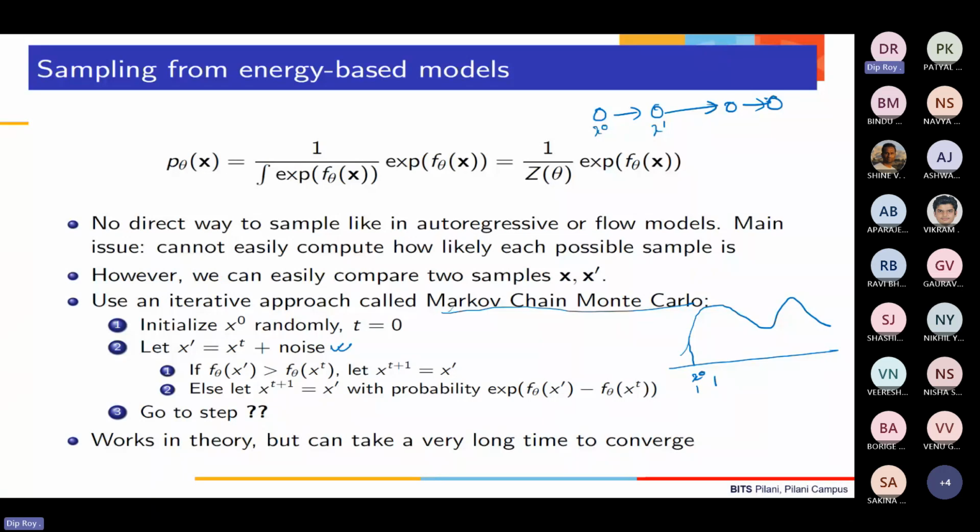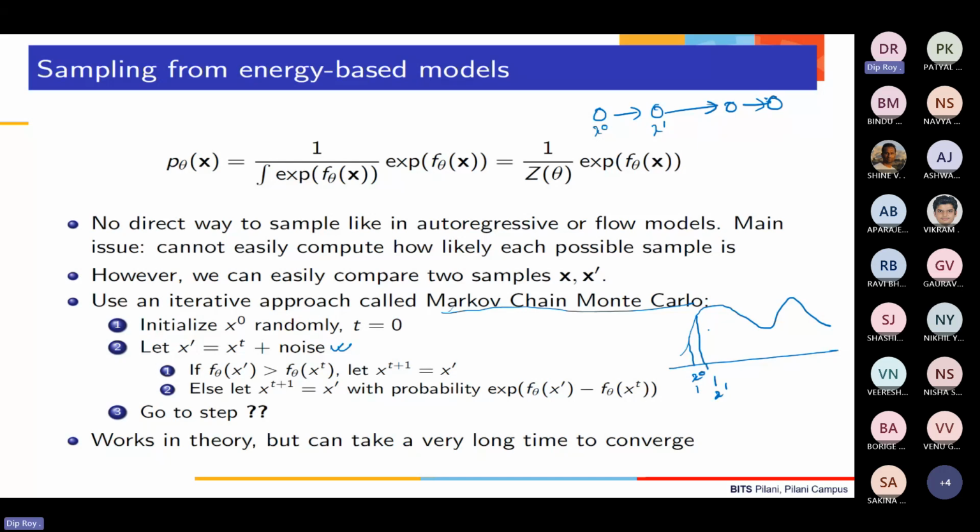The way in which you move forward is, if you see that your next sample is better, then you move towards it. Now this becomes your x1. Now again you add some noise to this.